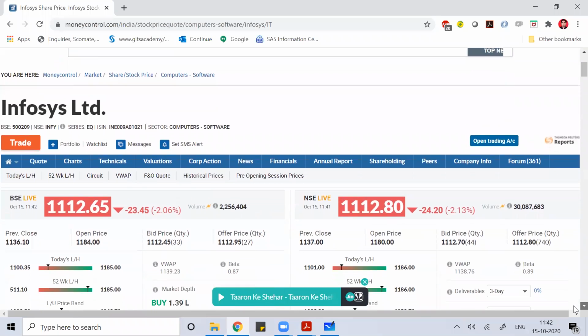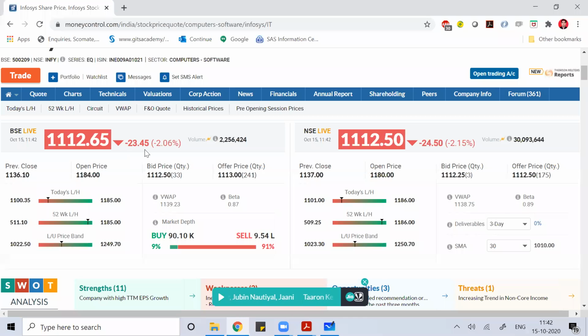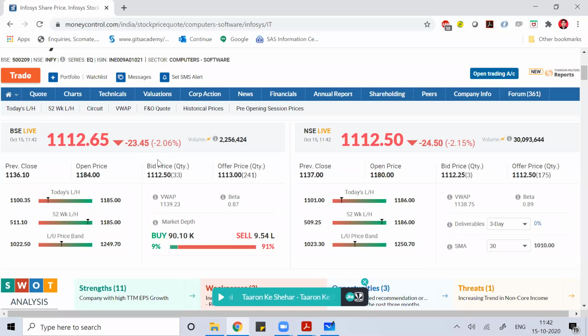So you can see Infosys today is trading in negative. You can see that on BSE it is trading at 1,112.65. It fell by 23.45 rupees, a fall of 2.06%. Now you can see on NSE it is trading similarly.